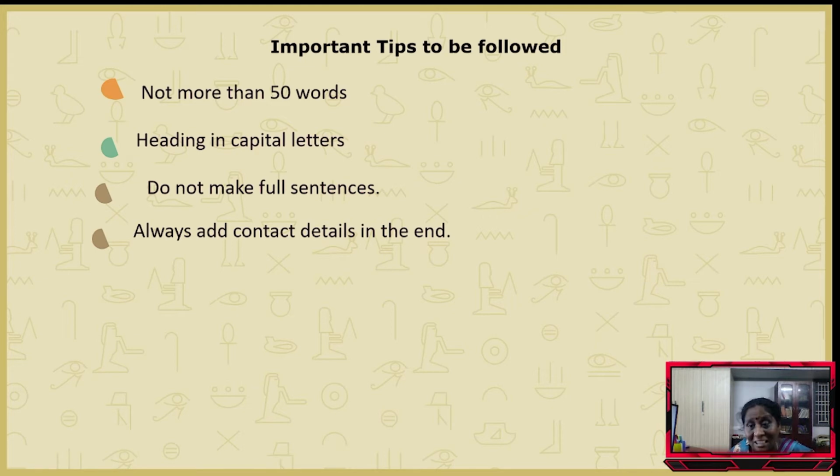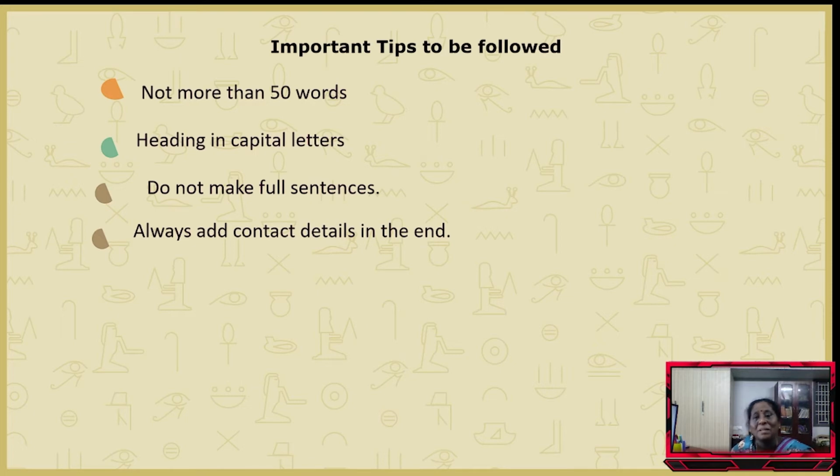Clearly state the category at the top, for example, for sale, to let, etc. Give all the necessary details in points using the help of the question and what it is asking for. Give your contact details, name, telephone number at the end, and the matter should be in a box.